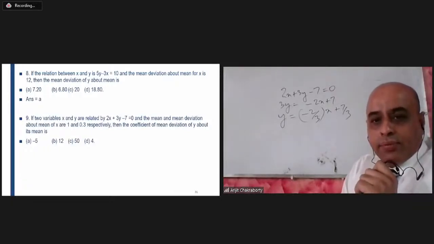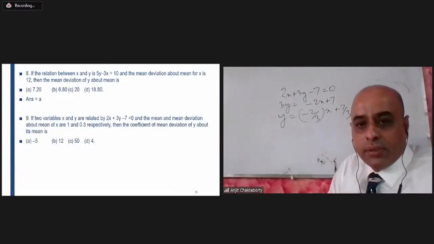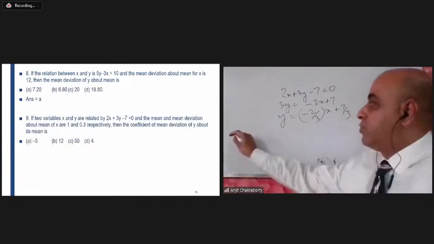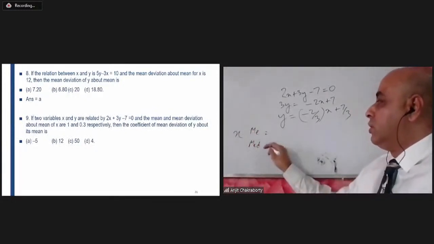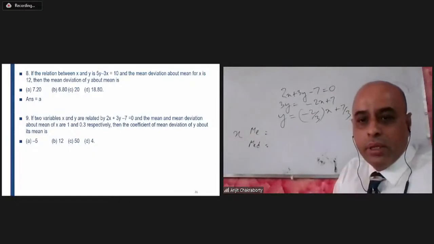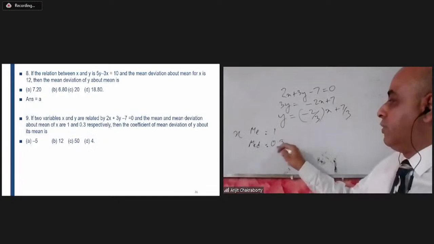Now it is given that the mean and mean deviation about mean are 1 and 0.3. Be very careful here. We have got the mean and mean deviation of x as 1 and 0.3.